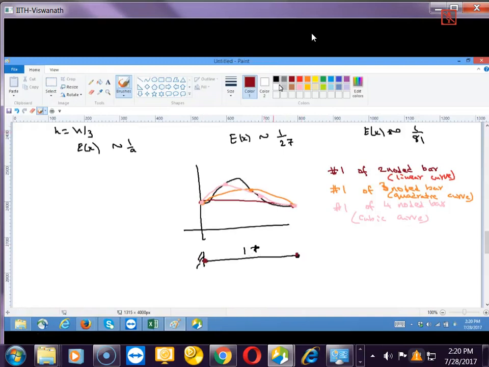For the second case, it was one node here, another node here, the third node was somewhere in between.